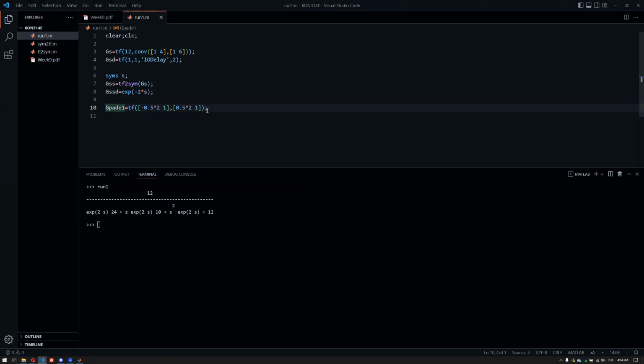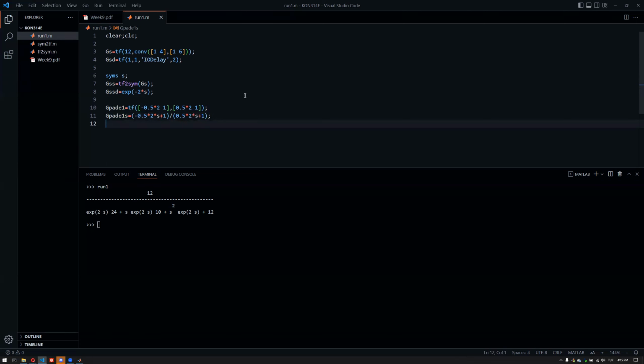Since I've defined it as a transfer function object, I might as well just go ahead and define it as a symbolic expression here. So times s plus 1 divided by the exact same without the minus sign here.